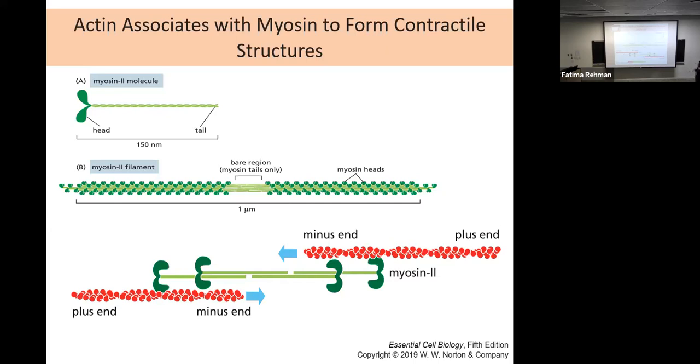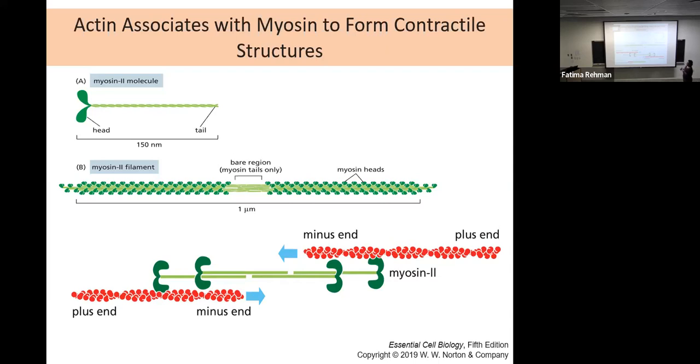Now, in a myotubule or in a muscle fiber, what you will have are bundled myosin structures, where you have the myosin tails in the central region interacting with each other. And then you have all these globular heads facing the outside and all the tails towards the inside.